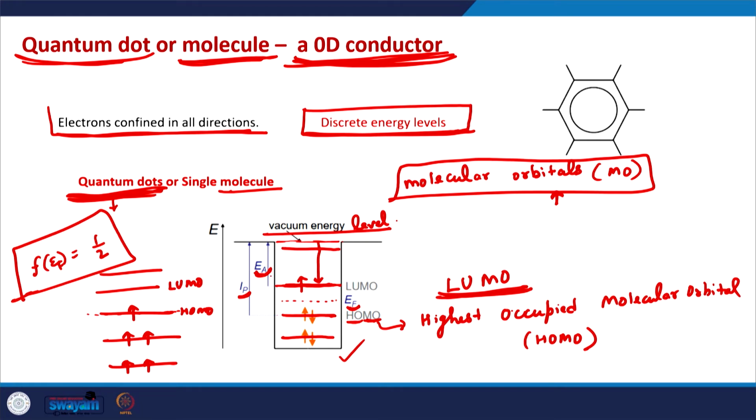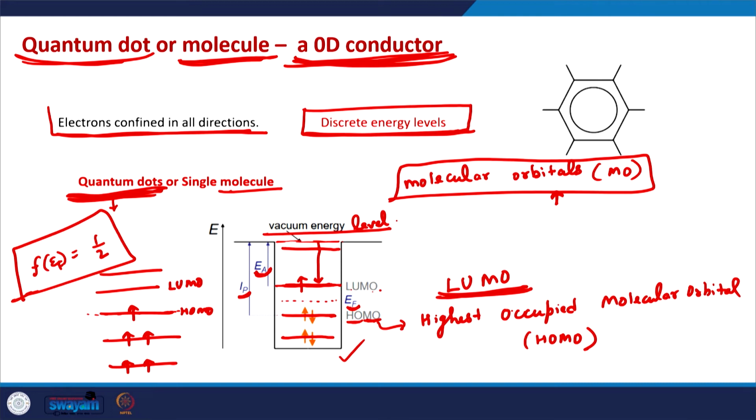So, that is known as the electron affinity of the quantum dot. The difference between vacuum energy level and HOMO energy level is known as the ionization potential. Okay. So, these are some basic terms, the notion of highest occupied molecular orbital and lowest unoccupied molecular orbital.